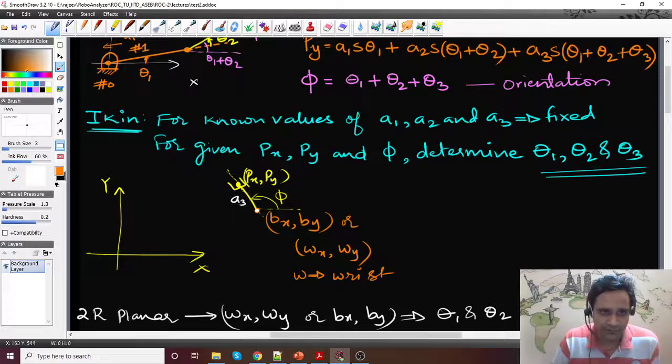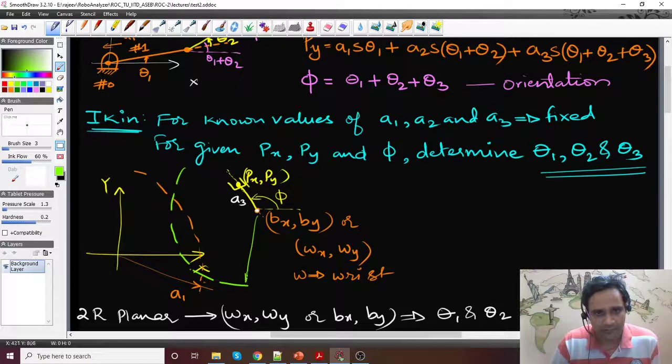So if I draw a circle of radius a1 from here, and I can draw another circle of radius a2 centered at this wrist point, we'll have two intersections possible.